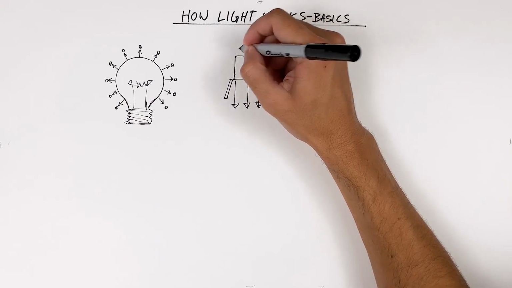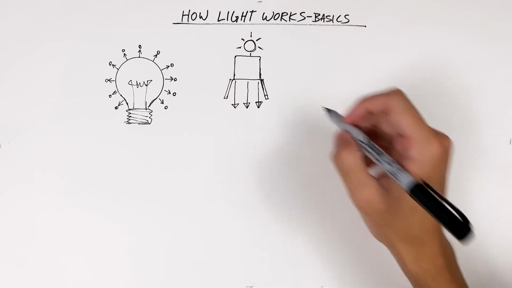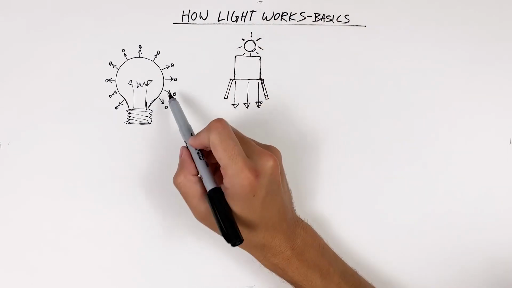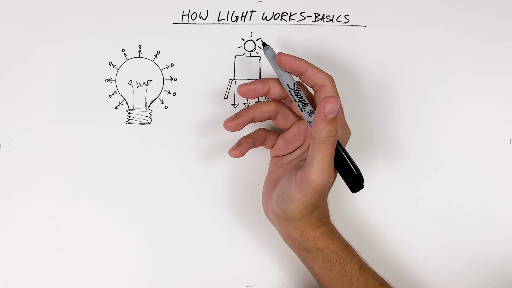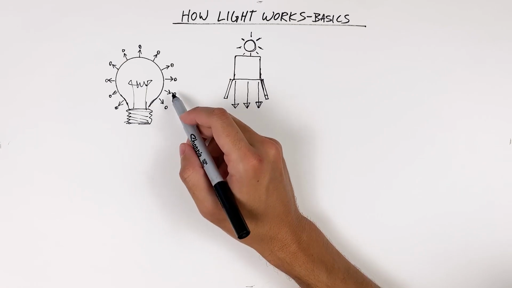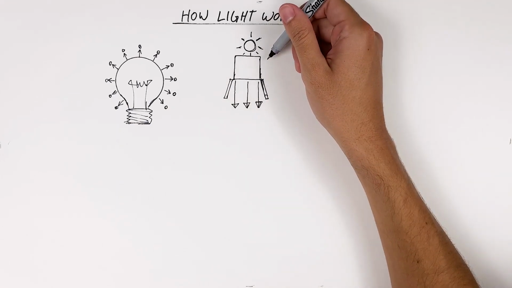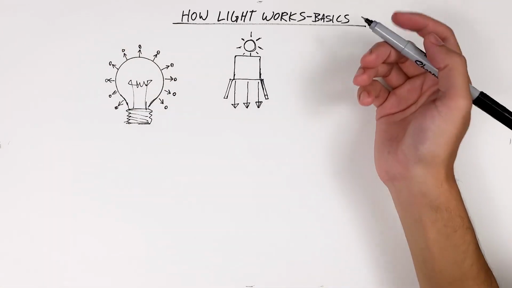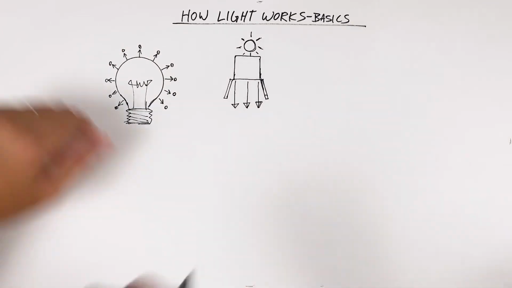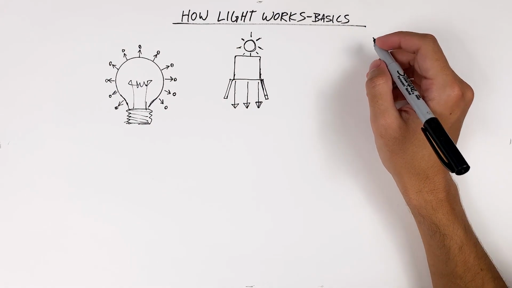The sun is technically a giant light bulb, so it's technically one giant light bulb style point light source, but it is so big in comparison to the size of the Earth that for all intents and purposes, we consider that its photons, its rays of light, reach us parallel, that there's no divergence. Realistically, in truth, there actually is some divergence, but for all intents and purposes, we will pretend that there isn't.